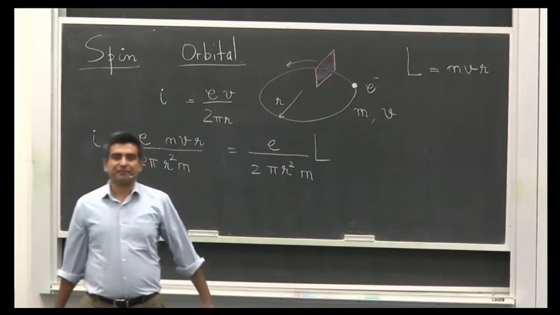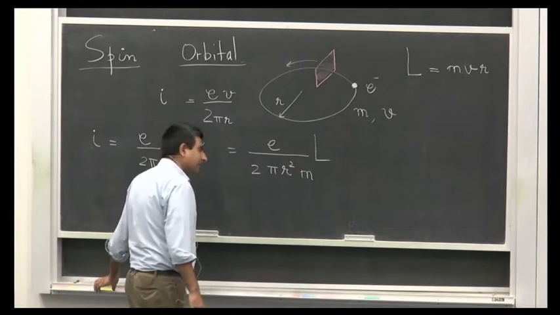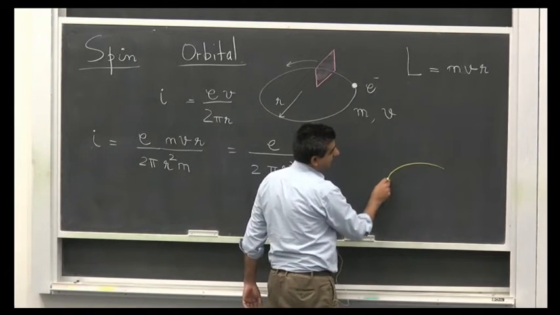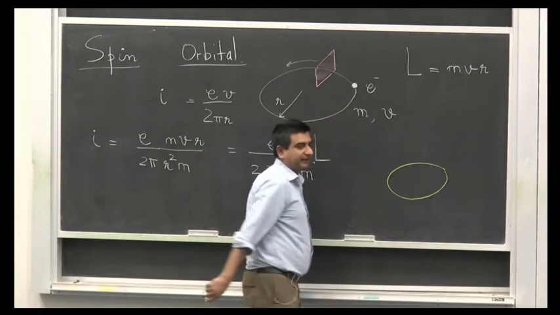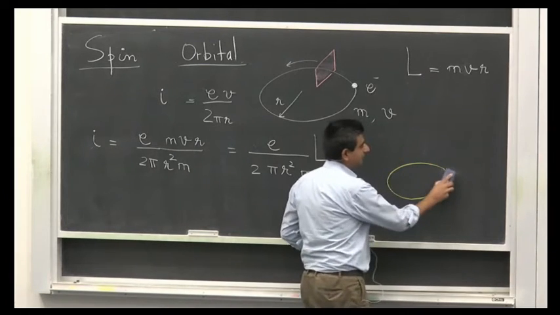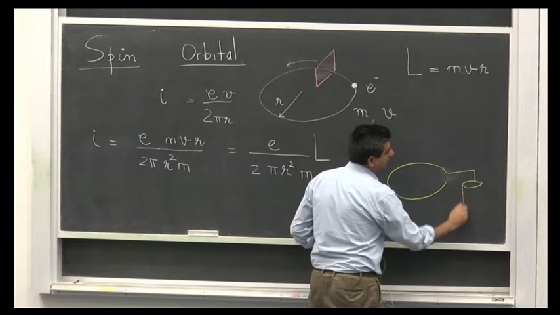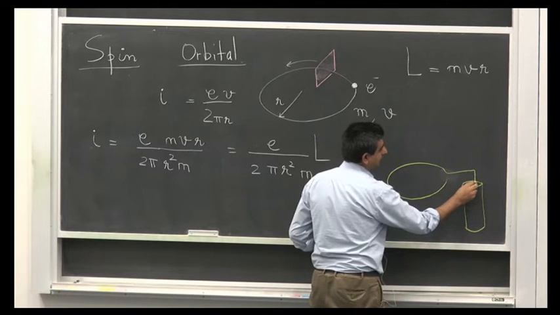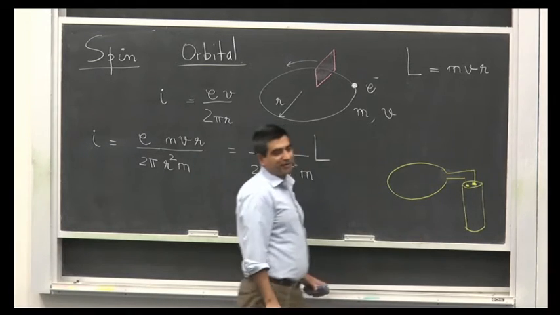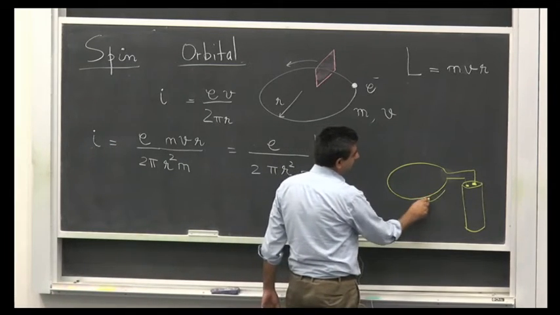Now what we would like to do, from your school days, if I have a coil like this, and I break the ends of this coil, I put a battery here. There are two terminals of the battery. What's going to happen? A current is going to flow through this coil.